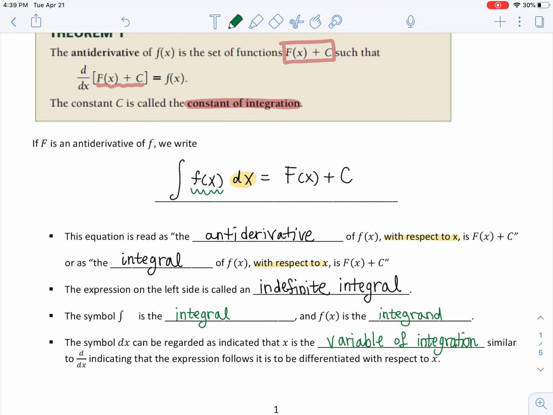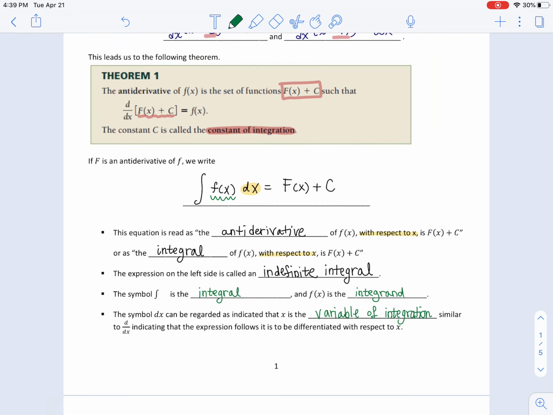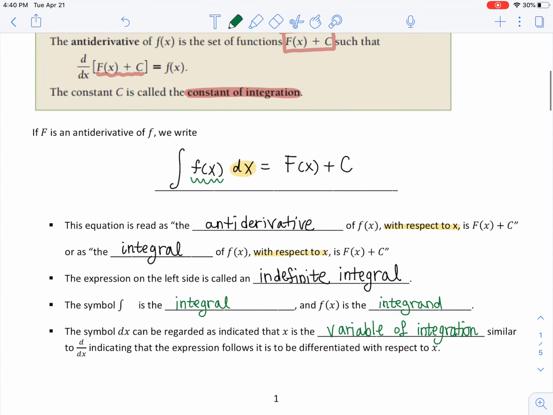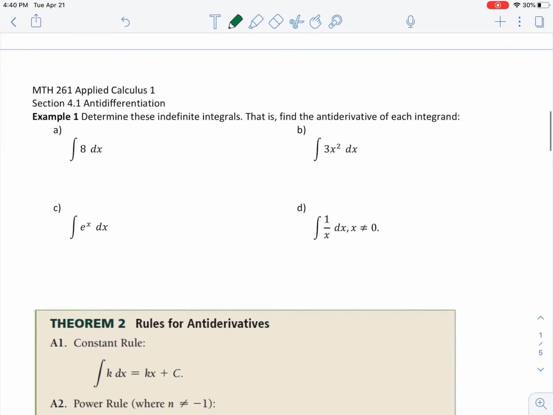Similar to how we use d/dx to indicate that the expression that follows is to be differentiated with respect to x. Like if we have d/dt, then we were differentiating with respect to t. So make sure you write that, because maybe later in Calc 2, you'll be taking multiple integrals, and it's important which variable you are using to do these integrals.